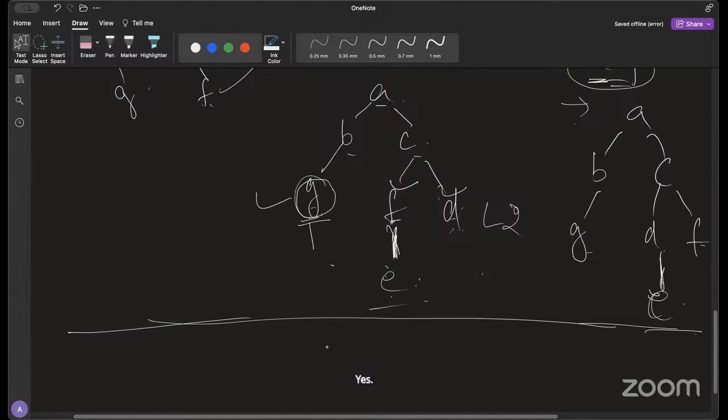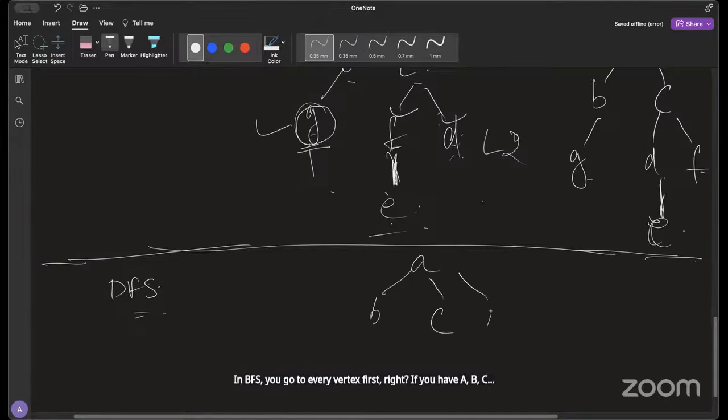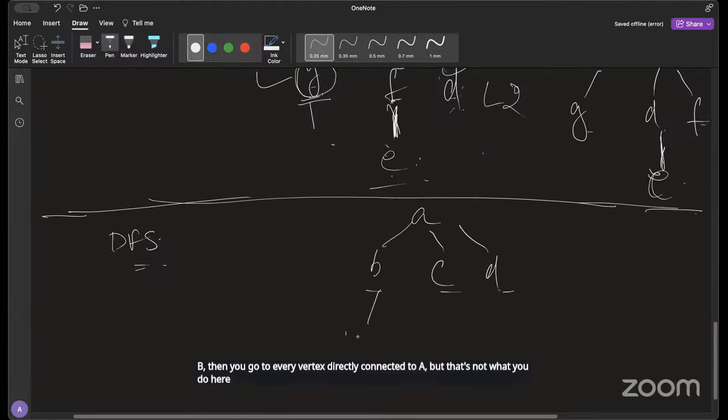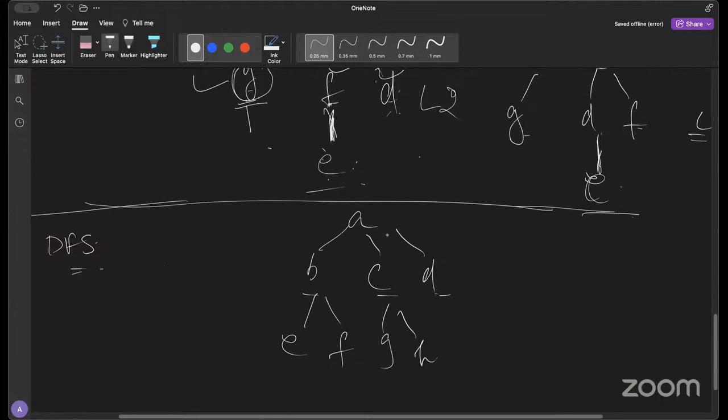Yes, ma'am. Then coming to our next topic, DFS. Let's do one example on DFS. In DFS, you maintain a stack, and you go deep first. If you have A, B, C, D, you don't go to every vertex directly connected to A as in BFS.